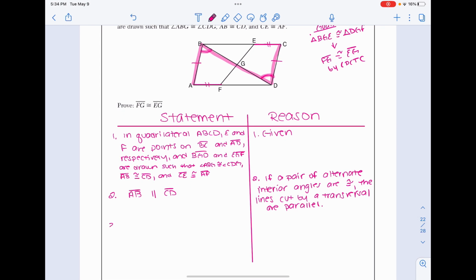That basically tells me that ABCD is a parallelogram. We knew it was a quadrilateral. Now I know it's a parallelogram. And that's because a parallelogram is a quadrilateral where a pair of opposite sides are congruent and parallel.